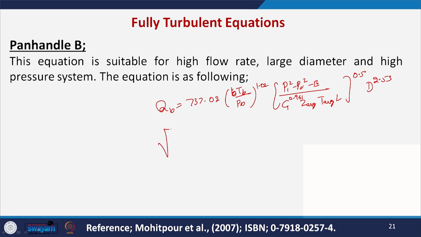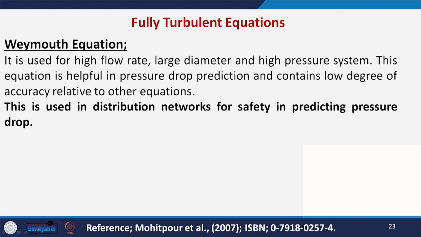The transmission factor is usually defined as 1 upon f is equal to 16.70 Qb G upon d to the power 0.01961. Now the efficiency in Panhandle B equation is defined as Q actual upon Q theoretical. Now it is multiplied in the equation to calculate more accurate value of Qb, and all the parameters in the main equations are same as those which we have discussed.